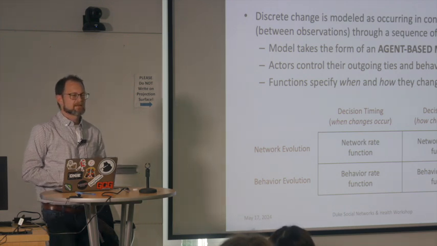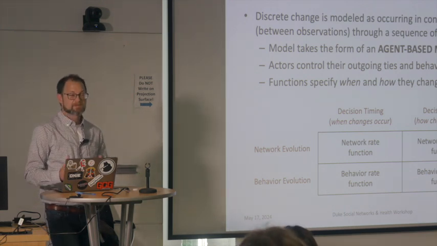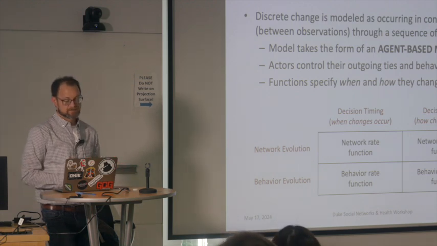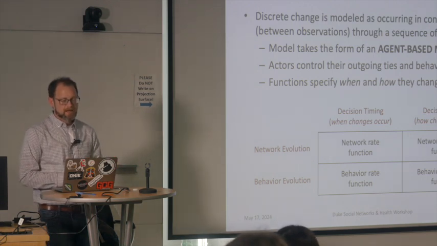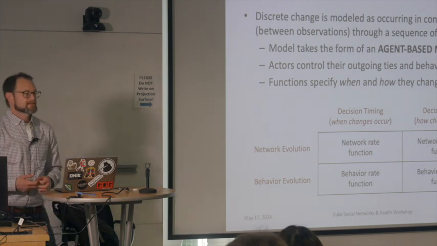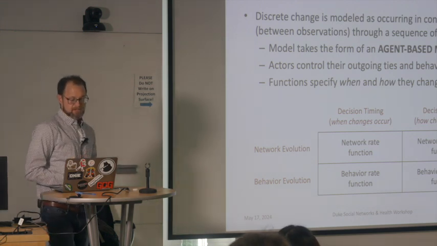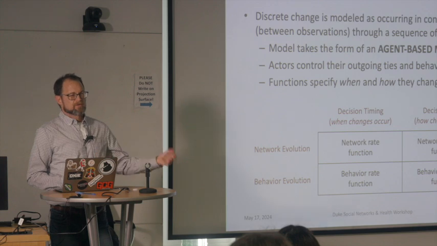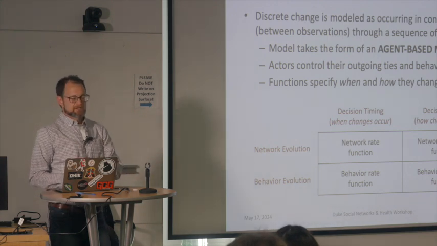But it's tricky if you have networks where actors don't control their ties. Okay? So the model itself is specified as two functions for network change, two for behavior change.